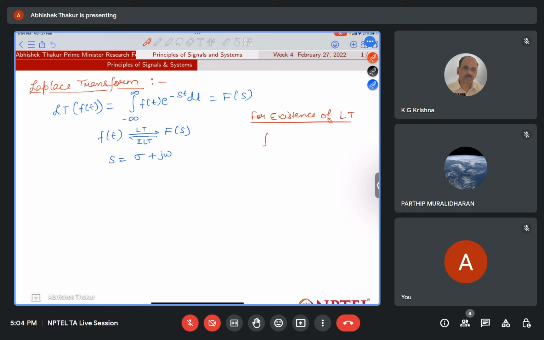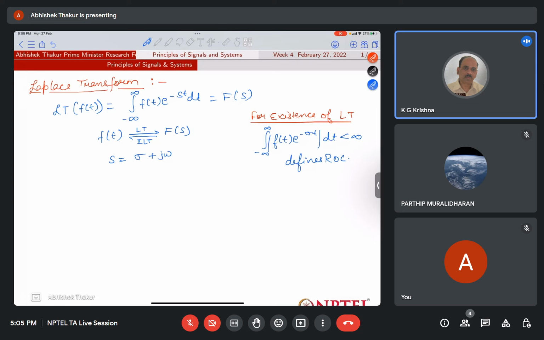So the integration over minus infinity to infinity of mod of f(t) e to the power minus sigma t dt is less than infinity. So it defines the ROC. We will see various basic signals and we will find their Laplace transform. And after that, we will also solve some tough questions as well.